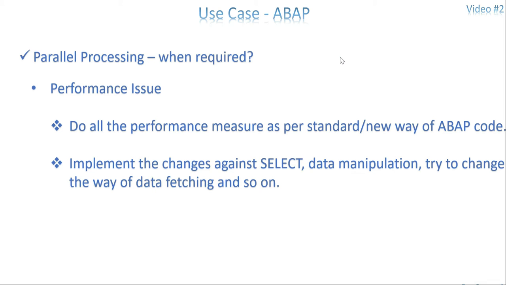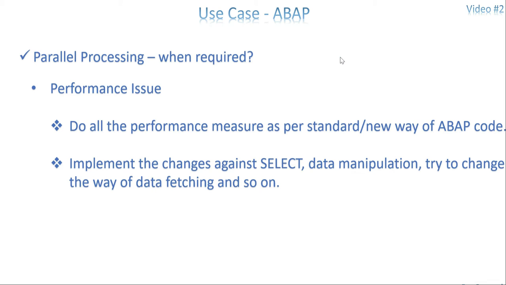We tried everything, and even after implementing all the performance measures, the client still requires it to run faster. In that situation, we decide to go with parallel processing. That is the normal step. We don't jump into parallel processing immediately. We try to achieve the basic performance measures in the existing program first, and that actually helps parallel processing run faster.